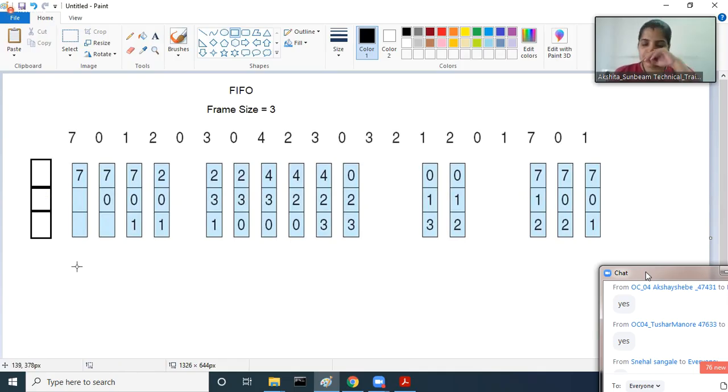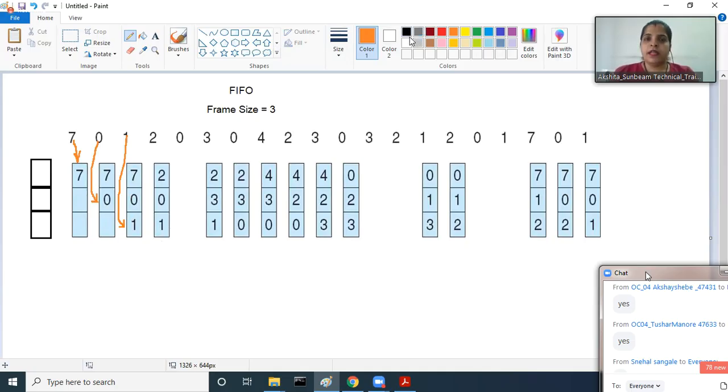I'm considering size 3. The first page which has arrived is 7. Do I have memory space? Yes, 7 will be taken in. Next, 0 will be taken in because I have the space. 1 will be taken in. Have you understood up to this point?